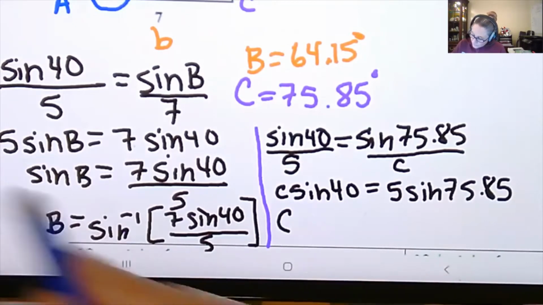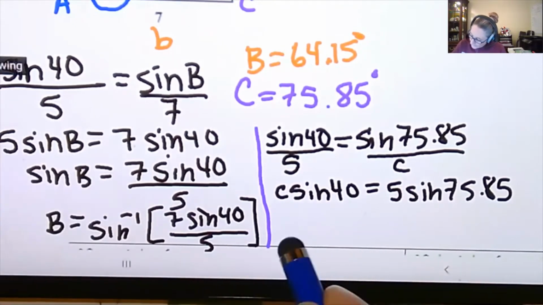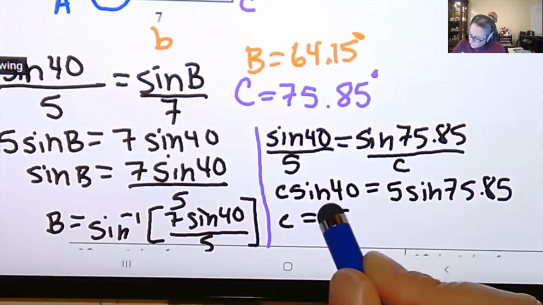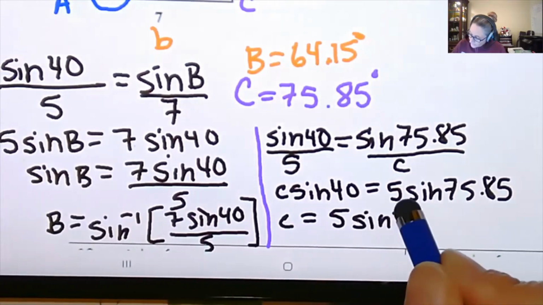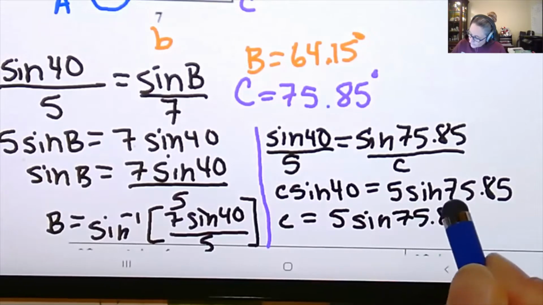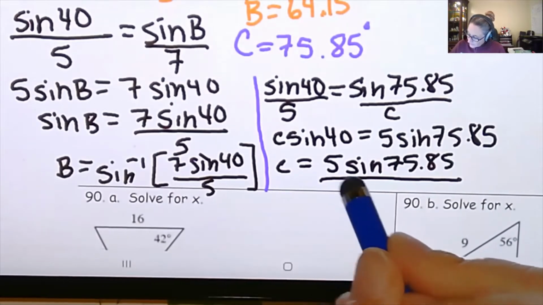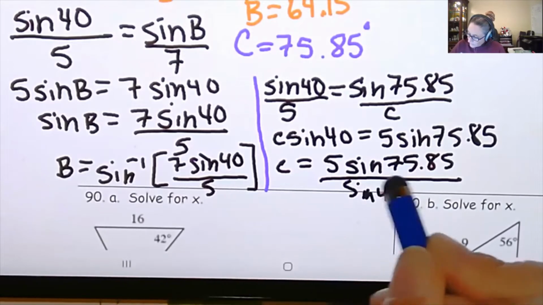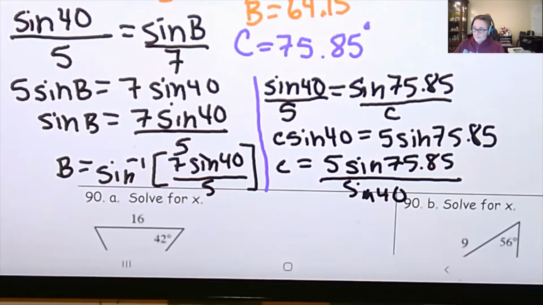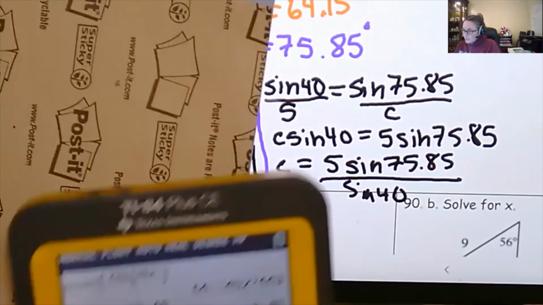So c, little c, this is little c. Little c is equal to 5 sine 75.85 over sine of 40. Okay. And I'll put that into my calculator. Okay. I'm going to put it on this side.